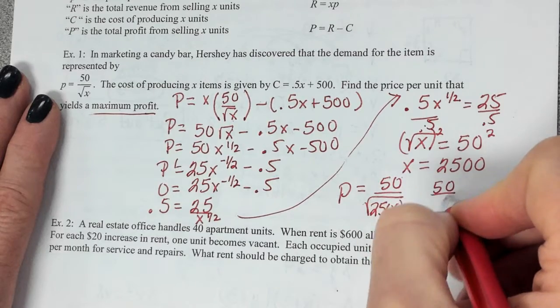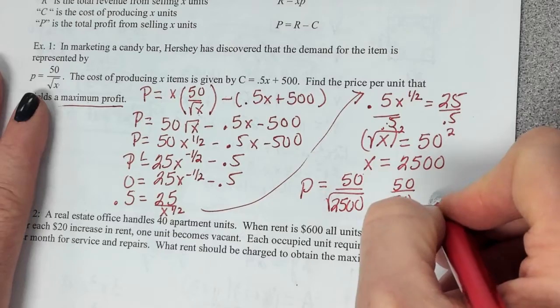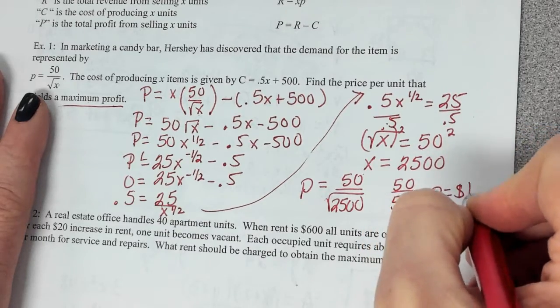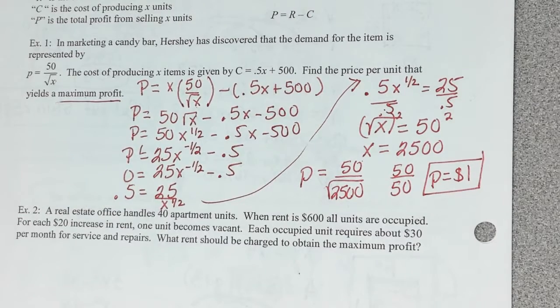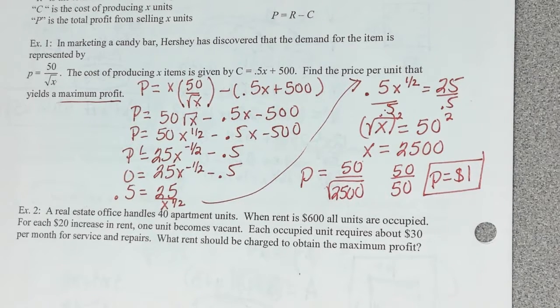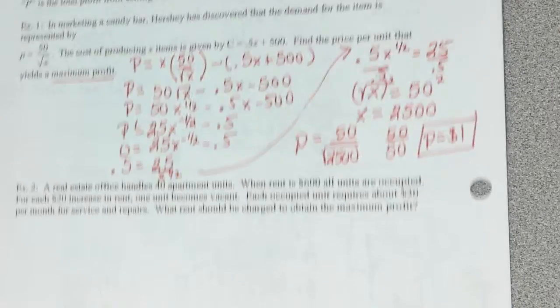And the square root of 2500 is 50. So 50 over 50 is $1. So that's the price that they should charge in order to maximize their profit. Questions on that? All right. Let's go on to number 2.